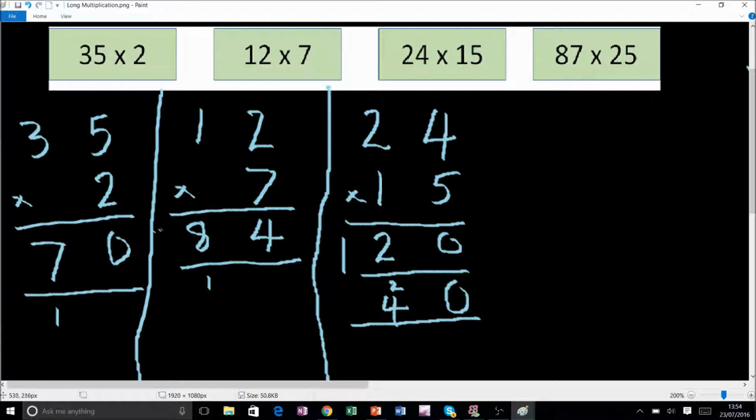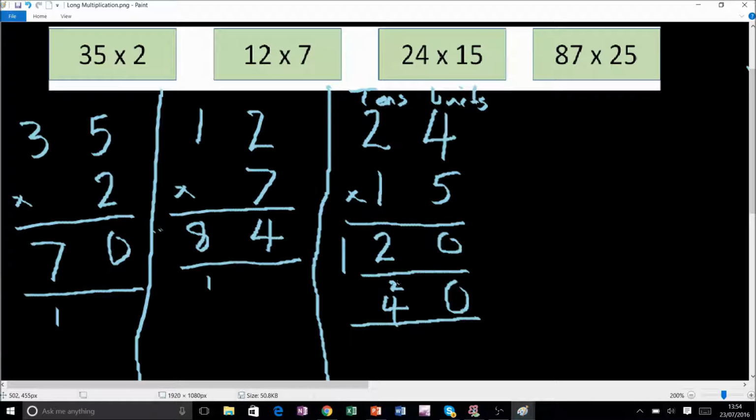We've got the units, then the tens, and if we had hundreds, etc. So the 1 times the 4 is basically 10 times 4, which gives us 40. That's why we put our 4 here under the tens and put the 0 there.